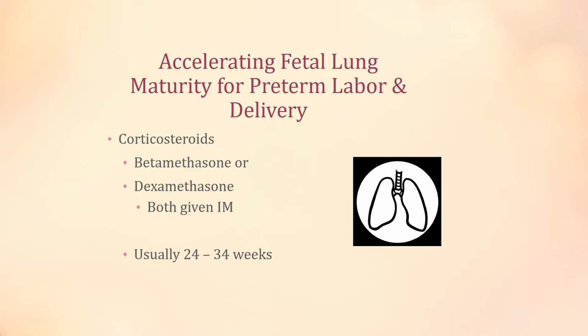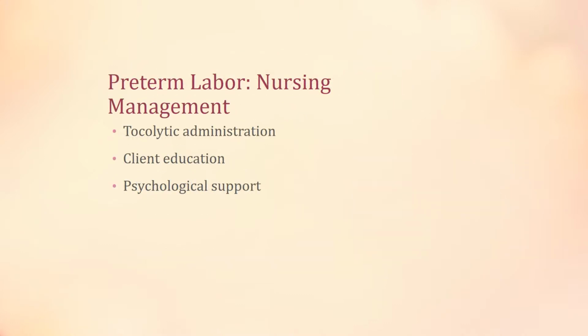And we need to make sure if mom has infection or any kind of pulmonary edema, we need to monitor for signs of infection because we all know corticosteroids affect the immunity of mom. Education, education, education, and definitely psychological support for the mother because she's risking delivering a preterm infant, and that is very anxiety provoking, makes her very fearful.